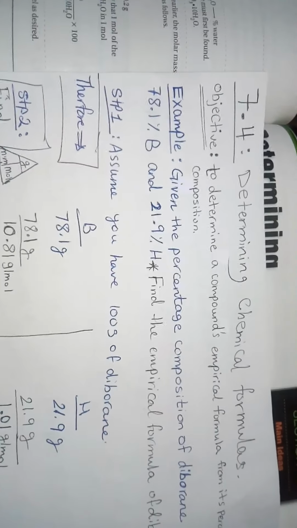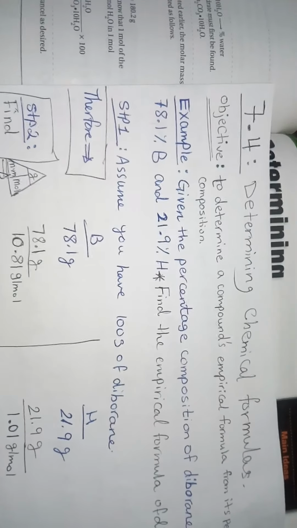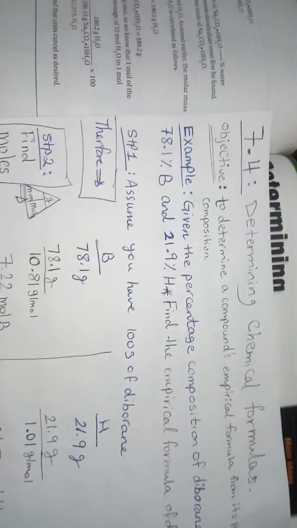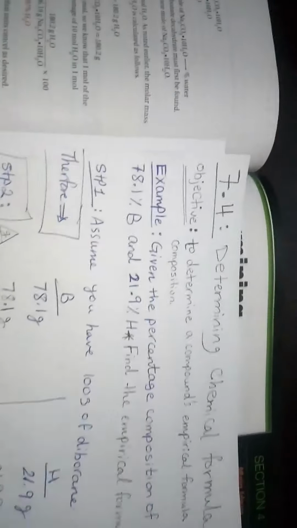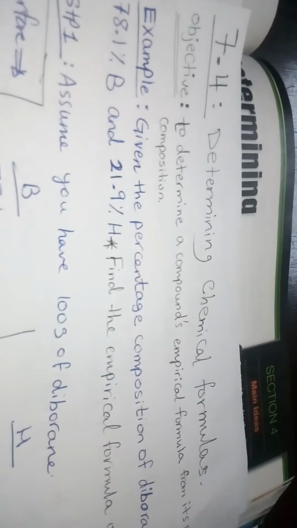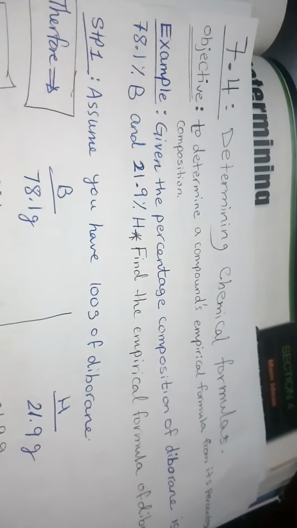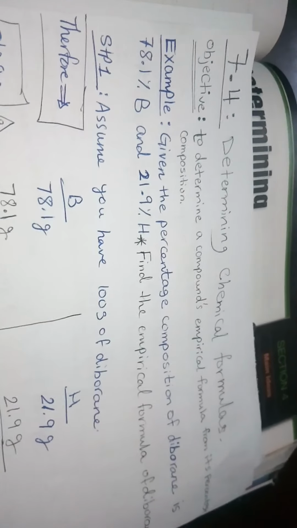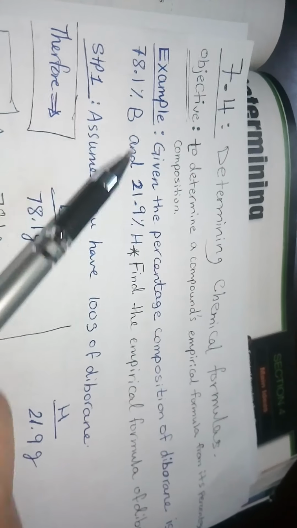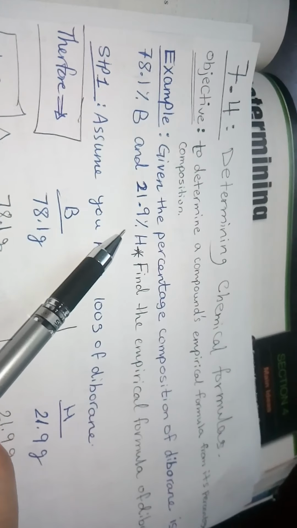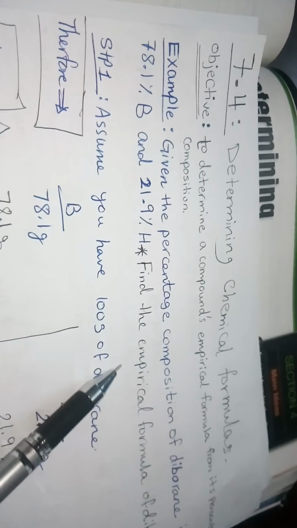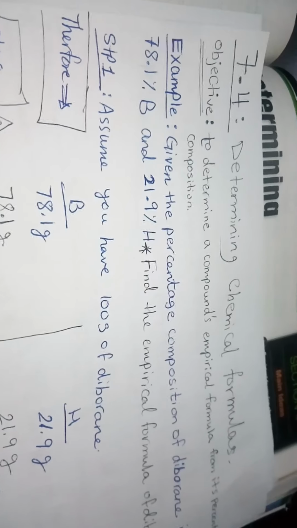So, as an example, given the percentage composition of diborane is 78.1% boron and 21.9% hydrogen, find the empirical formula of diborane.